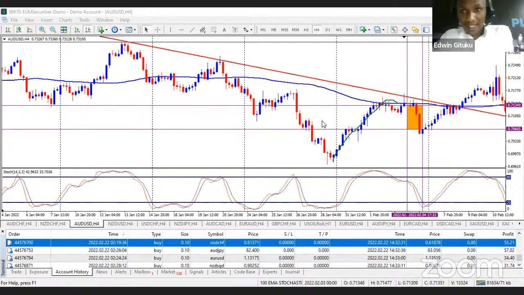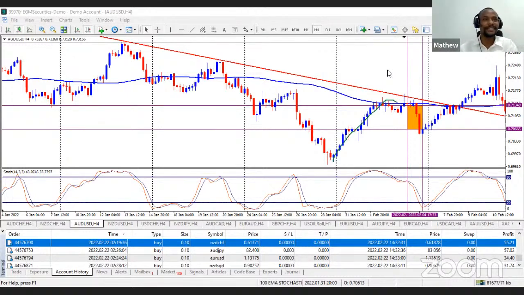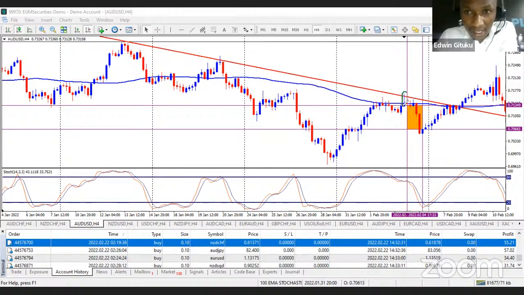Over and above that, as you were trying to point out earlier, Mathew, you could also use the candlestick patterns. Like here, if you're keen, you'll notice that we do have a bearish rejection candle. Yeah, sure. We have actually quite several rejections, occurring around this candle.